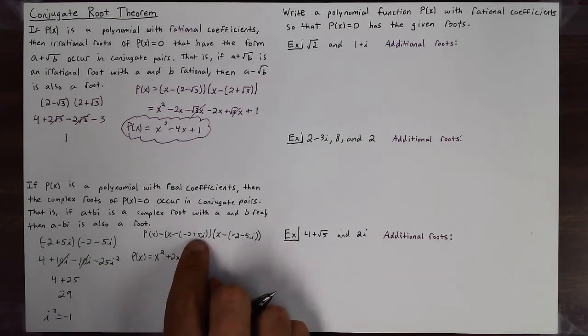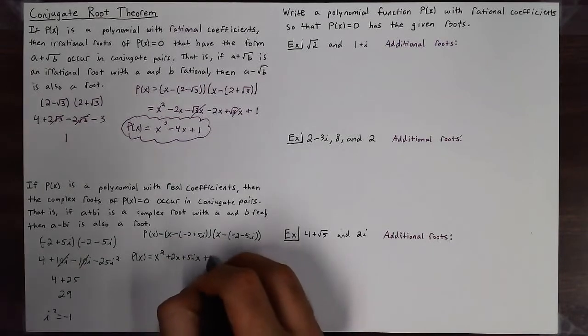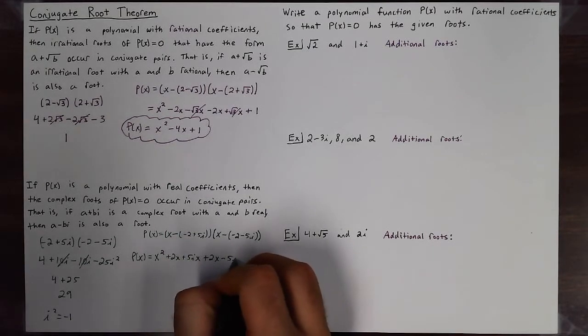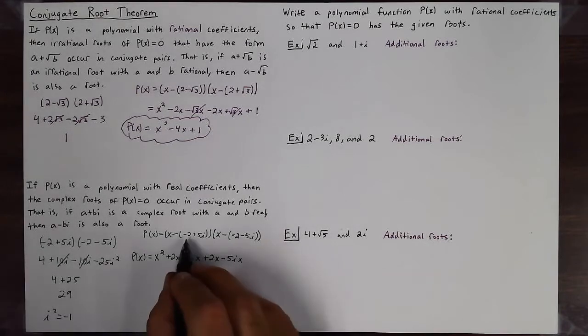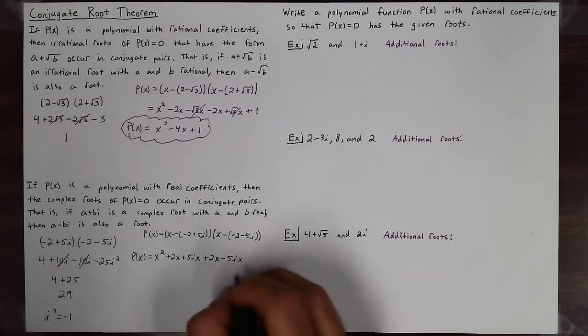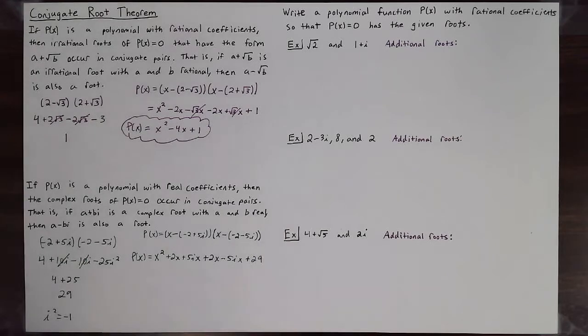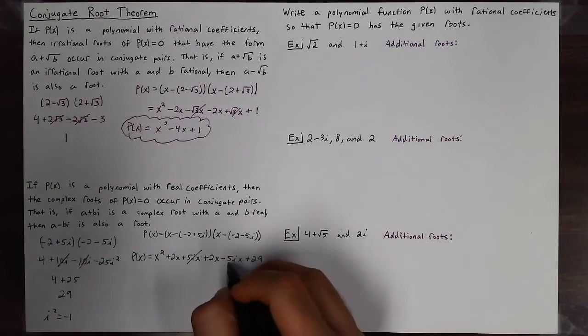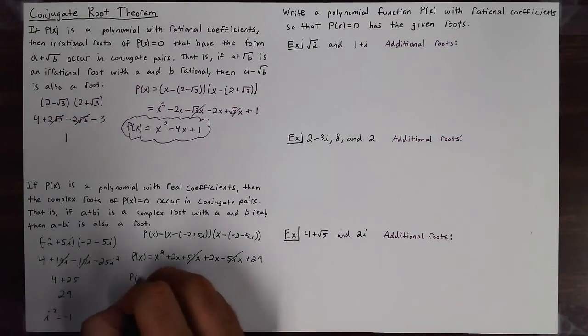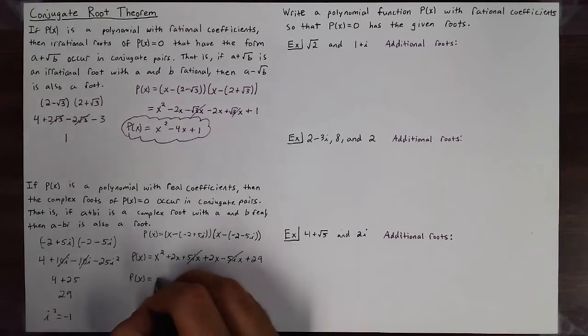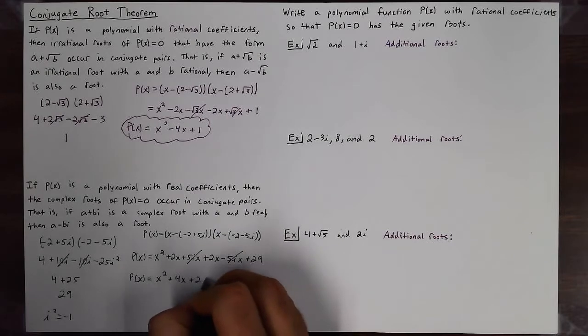So I get 2 minus 5i times x. So that's plus 2x minus 5ix. And lastly, when I multiply these together, that gives me 29, just like you saw on the left. And again, those i terms cancel, and I'm no longer left with any imaginary coefficients. They're all real. So I have x squared plus 4x plus 29.